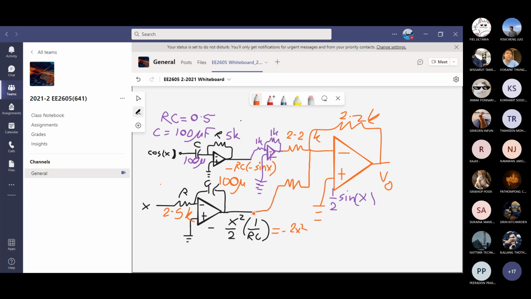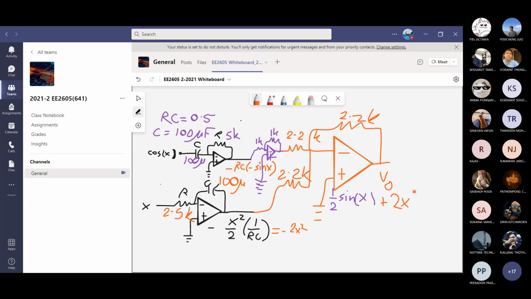I just have to multiply by minus 1. 2.2K here and 2.2K here. The ratio is 1. We are going through an inverting pin. Minus 2x squared times minus 1 becomes 2x squared. So we have the second one.